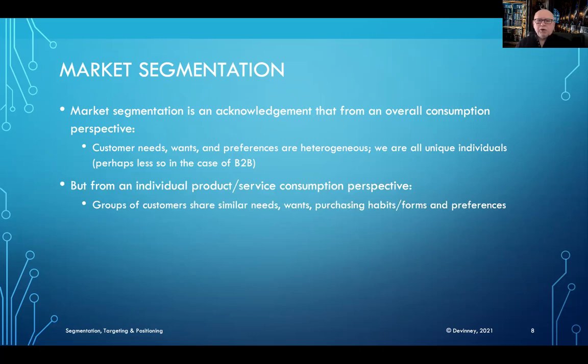From an individual product or service consumption perspective, there are groups of customers out there who have similar needs, right? And it may be that they have similar needs but different purchasing habits. It may be that they have what appear to be similar needs, but when you look at their underlying preferences, those preferences might be slightly different.